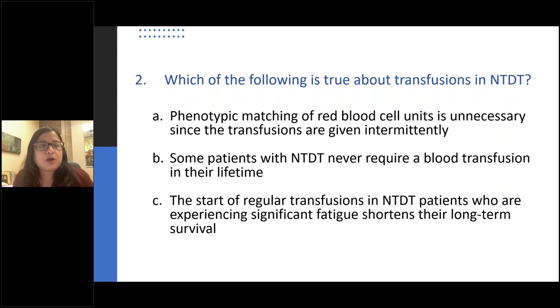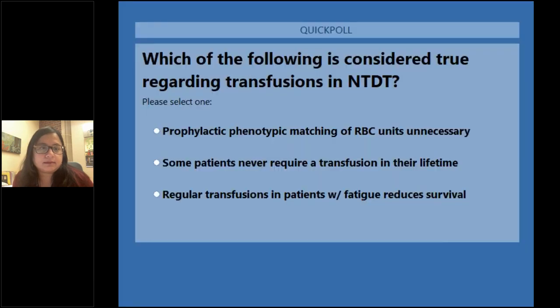Thank you. We'll now move on to our second question. Which of the following is true about transfusions in NTDT? Please select one of the following.